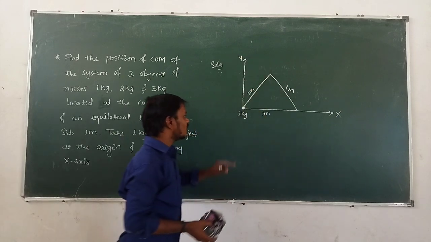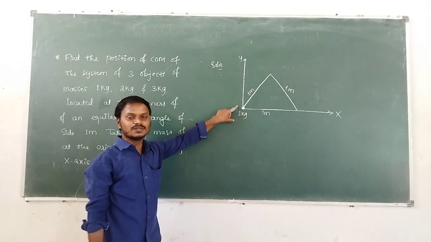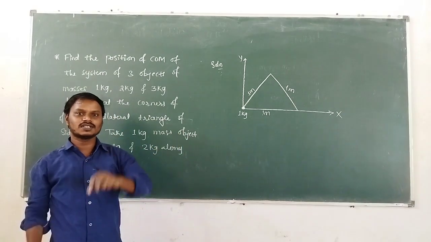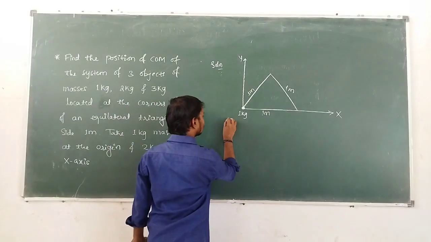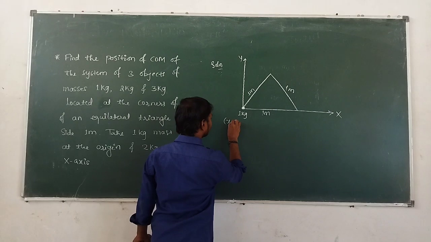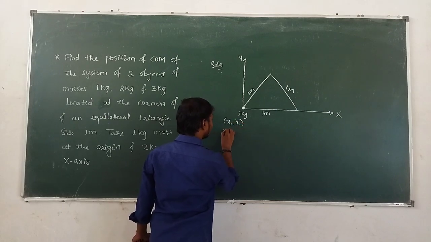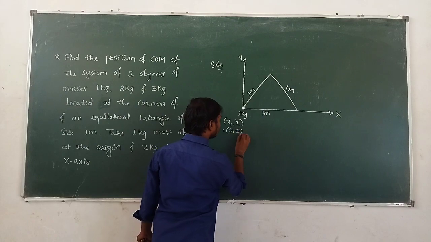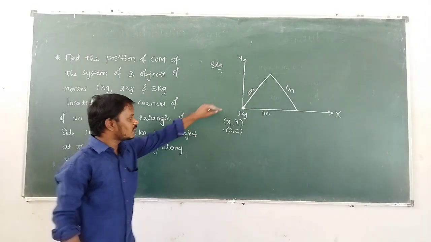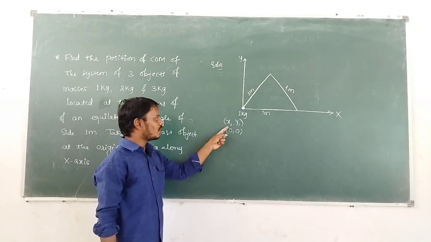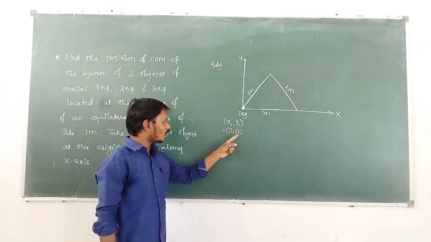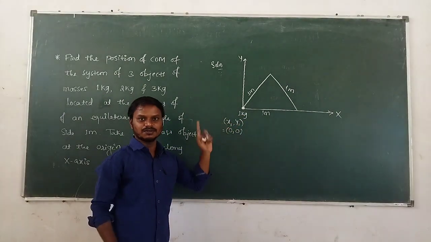See here, 1 kg is taken at the origin. At the origin x and y both are 0. The x coordinate is 0 and the y coordinate is also 0 at the origin. So 1 kg is at the origin means x coordinate of the 1 kg is 0, y coordinate of the 1 kg is also 0.